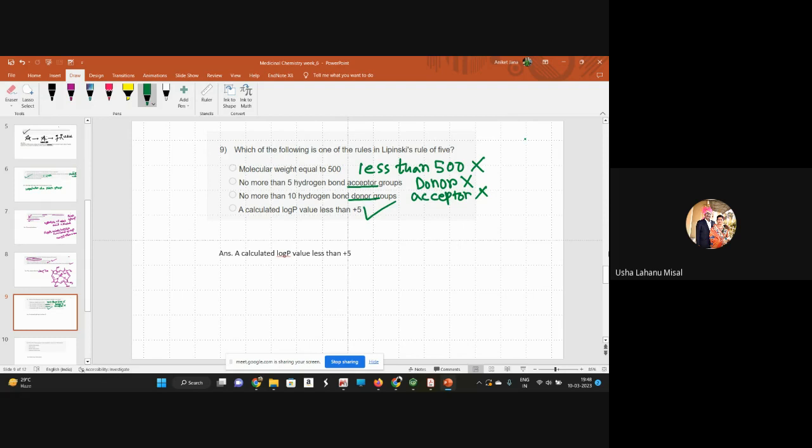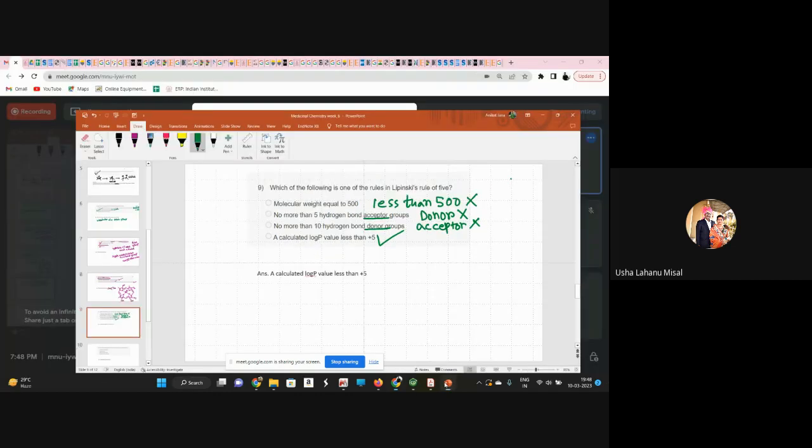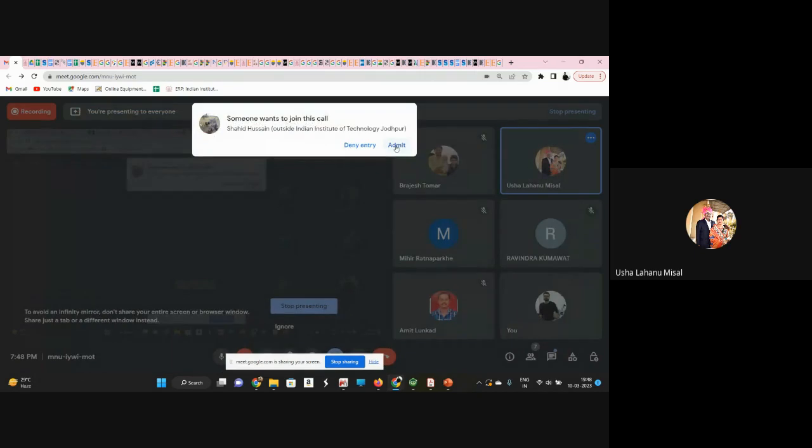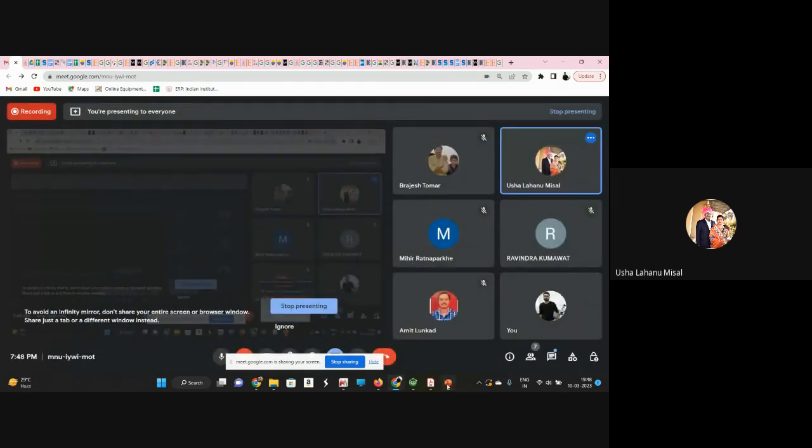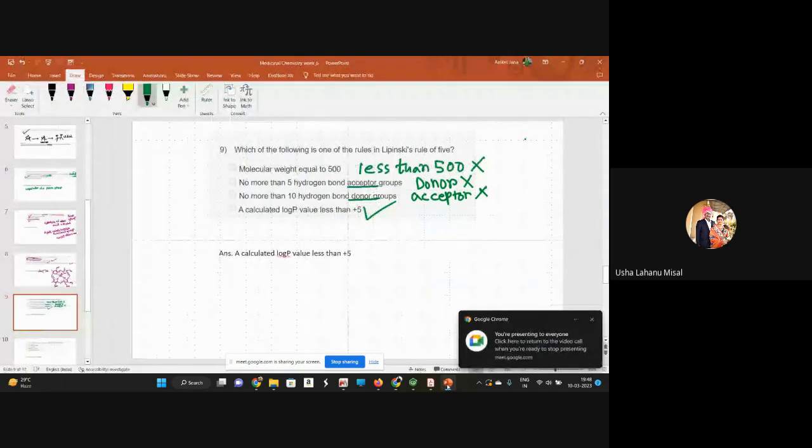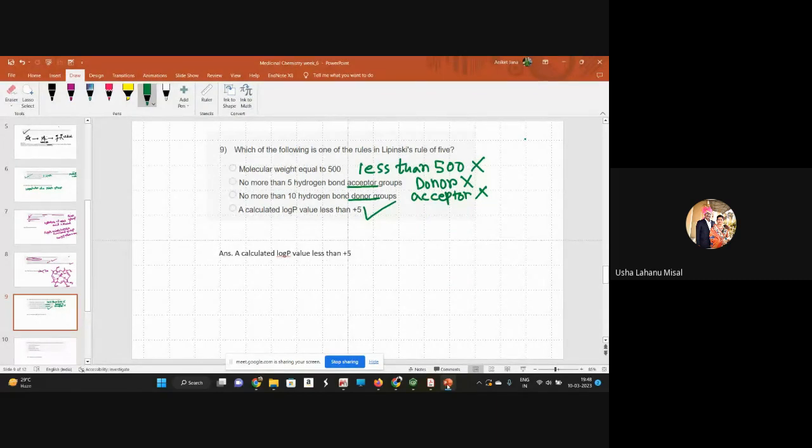According to the World Drug Index database, the log P value is less than 5.